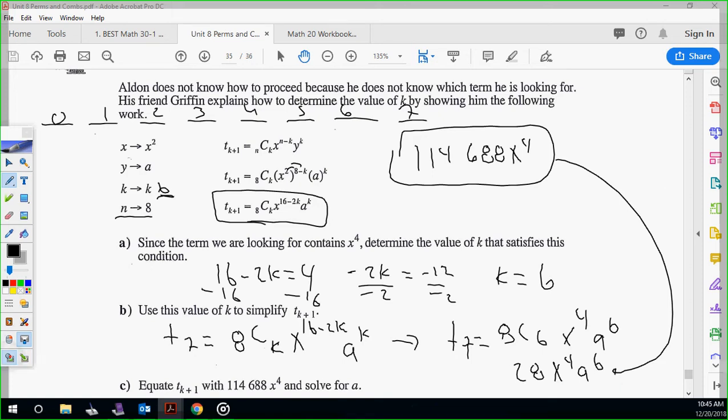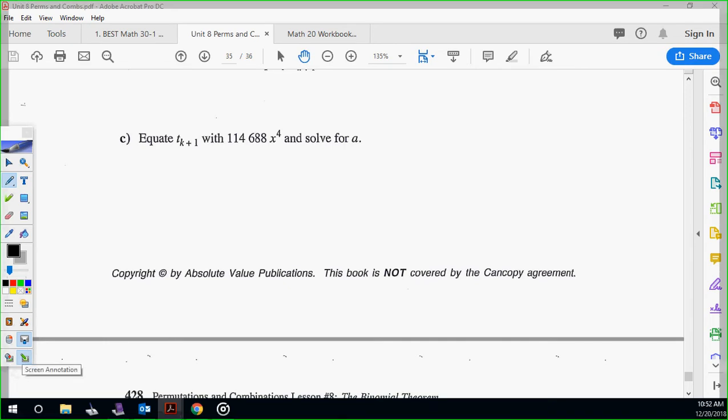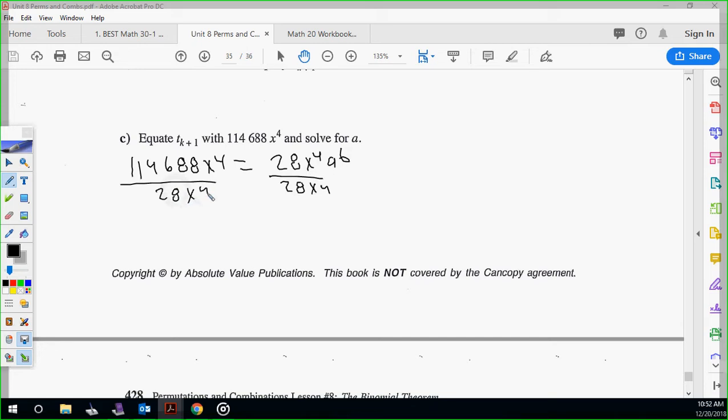So we have the beginning number, 114,688x4, equal to 28x4, a6. We're going to divide the 28x4 over. The x4's cancel. What's the 28 divided there? Should be 4,096.